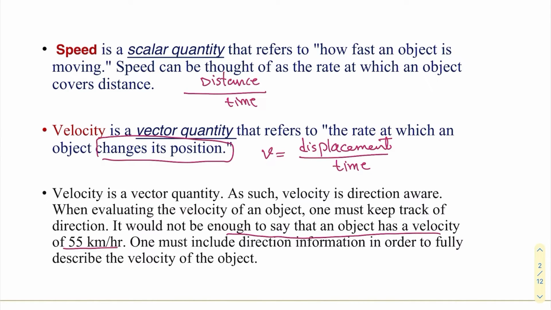One must include direction information in order to fully describe the velocity of the object. So if you just simply say 55 kilometers per hour, there is no direction mentioned here. Therefore, this 55 is only perceived to be the magnitude of the velocity, or we can say it's the speed, because it doesn't have the direction.